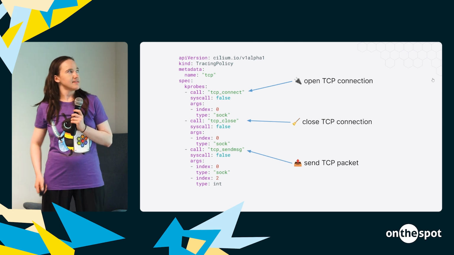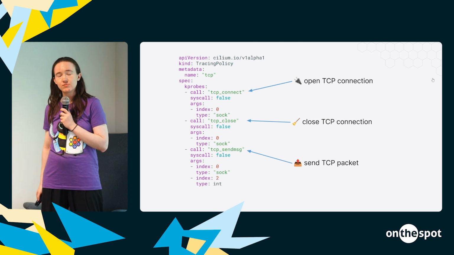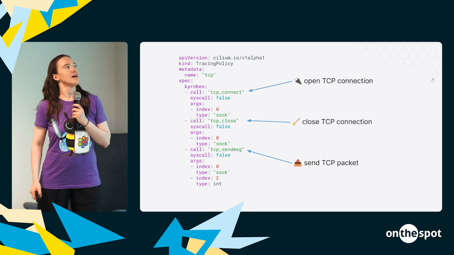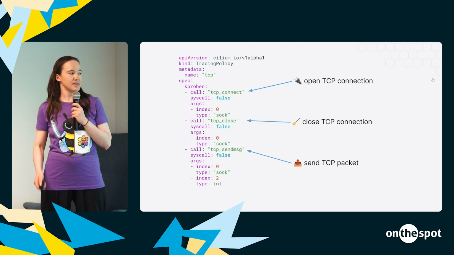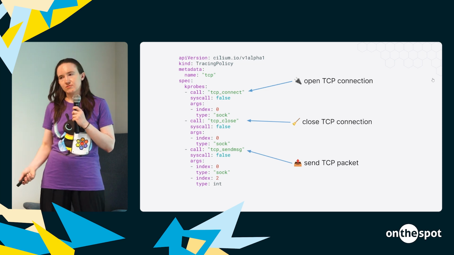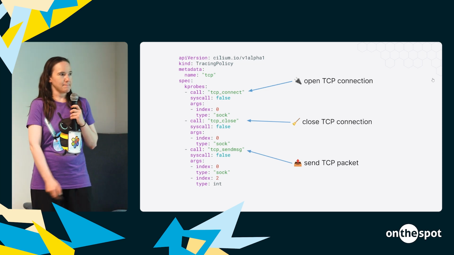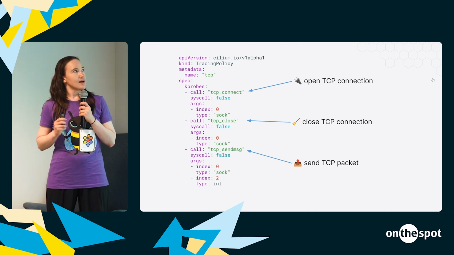In the tracing policy, we define which points we want to hook into. In this case, we hook into 3 kprobes: TCP connect, TCP close, TCP send message. So these are kprobes for opening and closing a TCP connection and sending something over it.